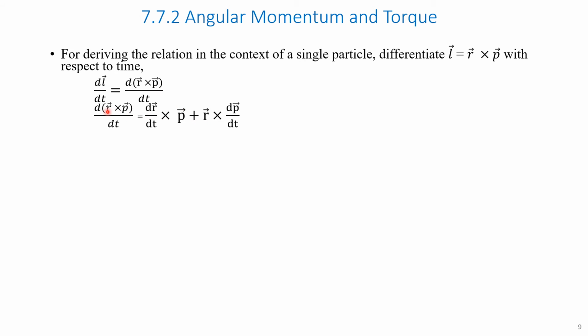Therefore, d/dt of (r cross p) can be written as dr/dt cross p plus vector r cross dp/dt. This you have to remember because we have used the knowledge of differentiation. Equation 1.